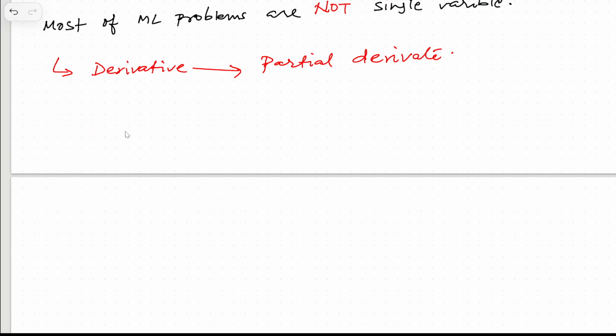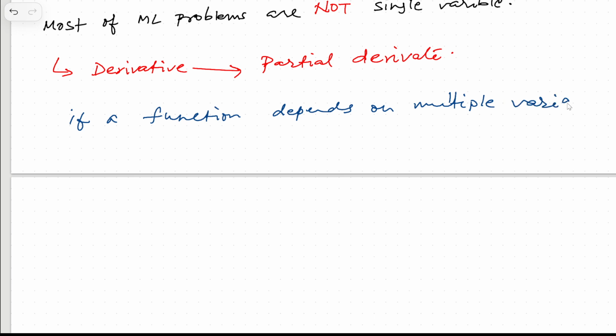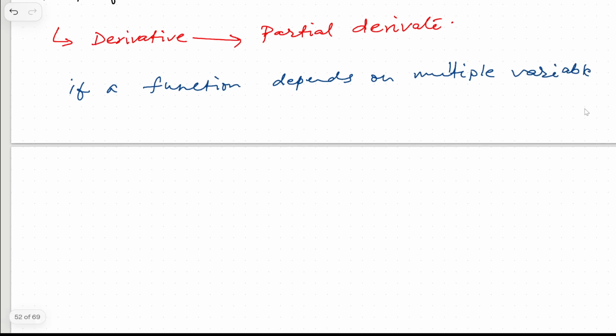Now, let's say if a function depends on multiple variables, for now we will take only two variables, x and y.